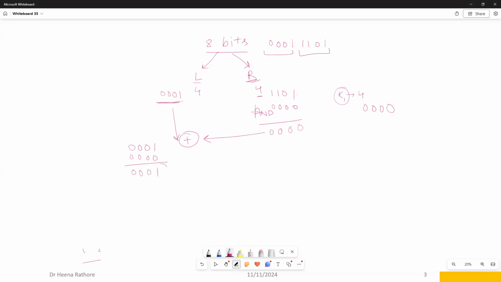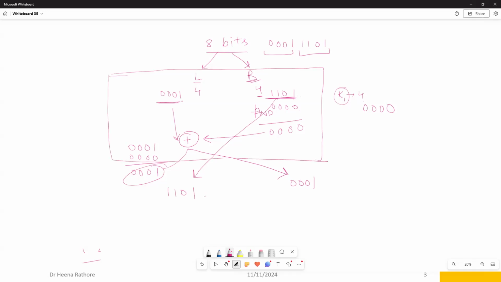This output will now become the right-hand side, which is 0001, and your previous right-hand side, which was 1101, will become your left-hand side, which is 1101. And this is just round 1. So this thing that you did is round 1.